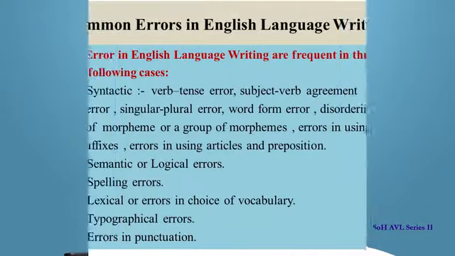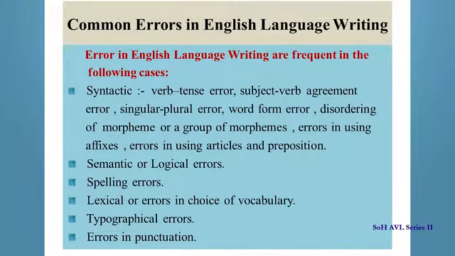In our final section of the day's topic, let us now look at the common errors in English language writing. Errors in English language writing are frequent in the following cases: syntactic errors such as verb tense error, subject verb agreement error, singular plural error. You often find that people use the word children's.